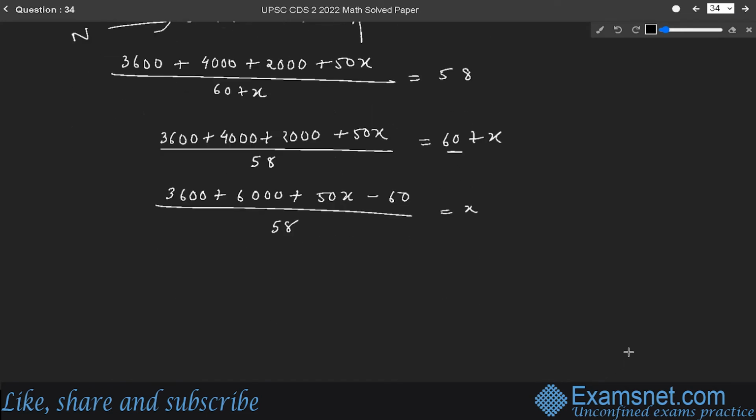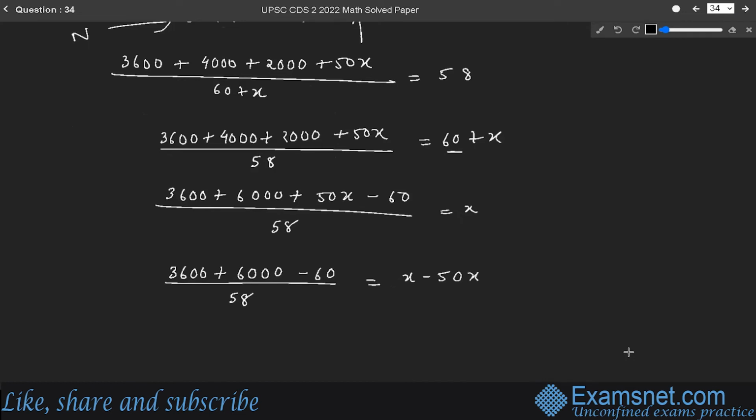Now taking the x term to one side, we will get 3600 plus 6000 minus 60 upon 58 is equal to x minus 50x.